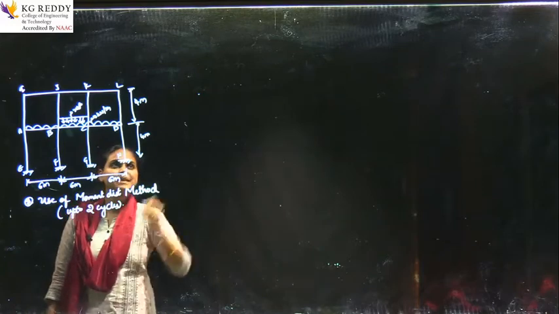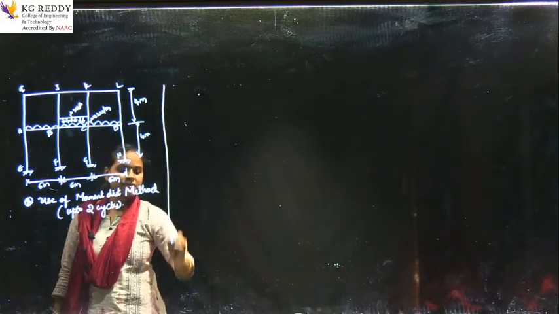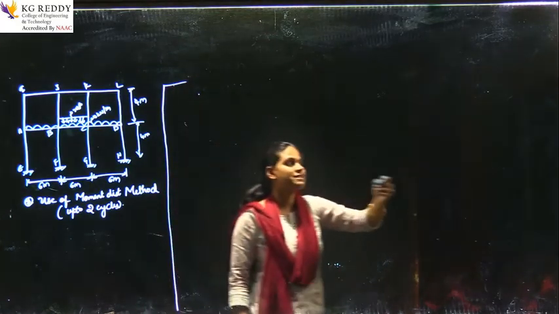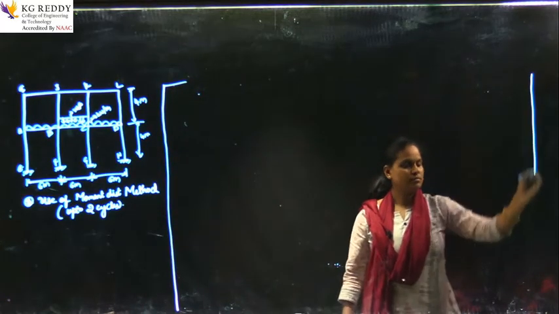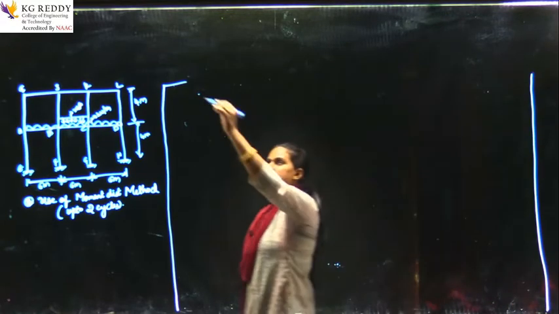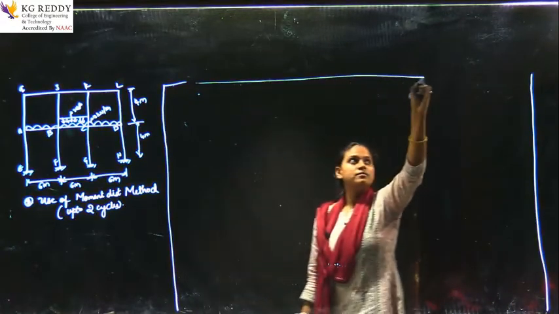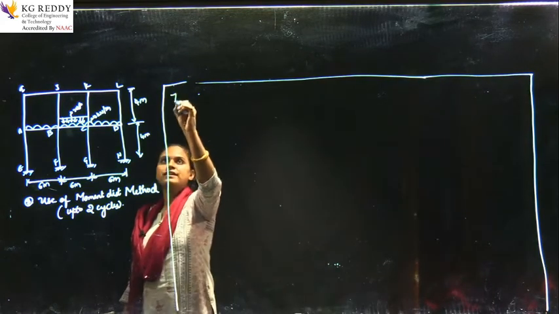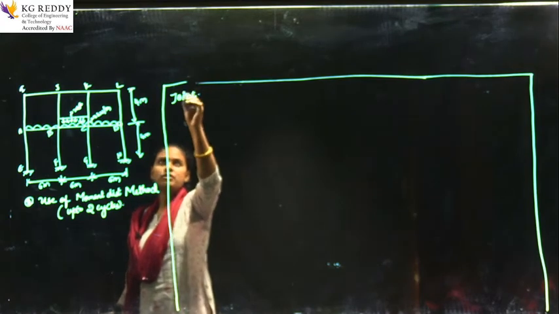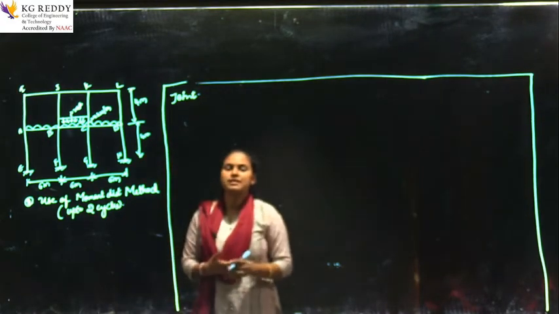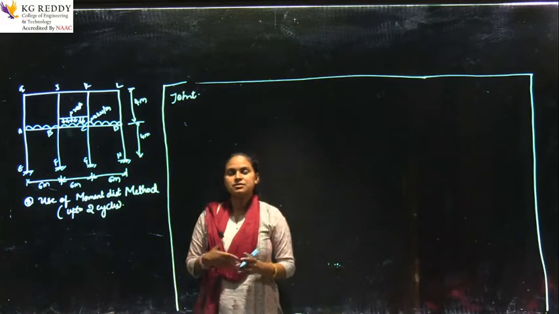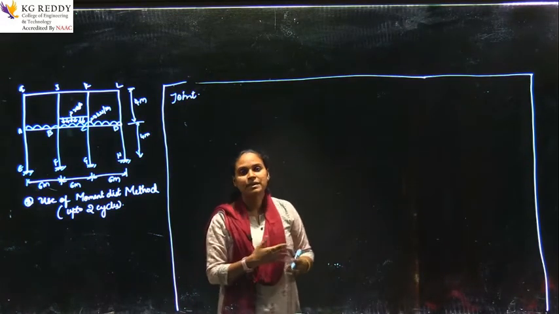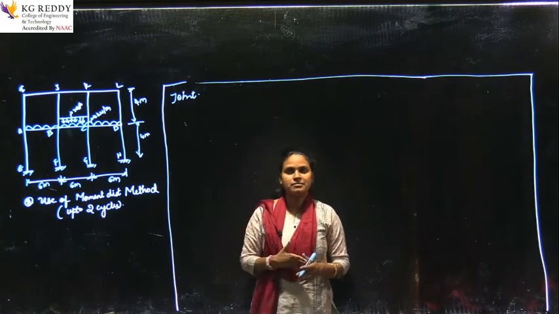In this step, let me clearly give you the tabular column. You will have 4 columns here. One for the joint. You all know this tabular column, we have seen it for so many methods, like the approximate method of analysis; you would have already solved this table and calculated every value in the portal method, cantilever method and factor method as well.